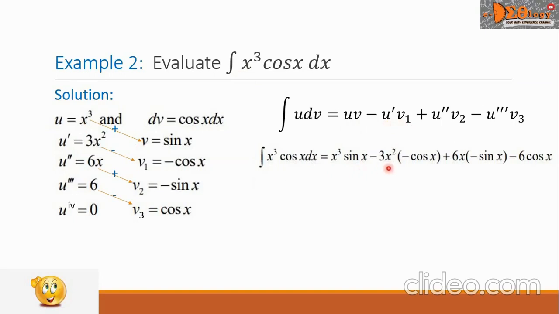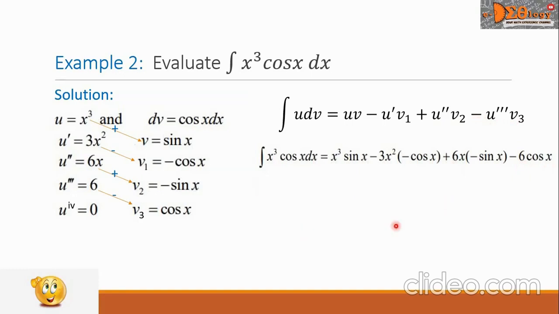So we have 3x squared times negative cosine x, then plus u double prime times v sub 2. So we have 6x times negative sine x, then minus the third derivative times v sub 3. We have 6 times cosine x.